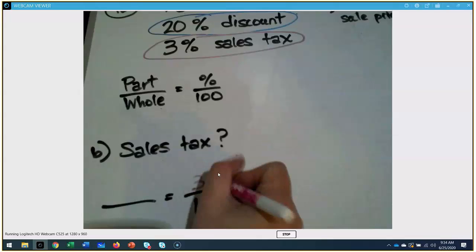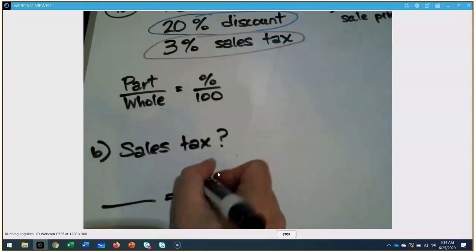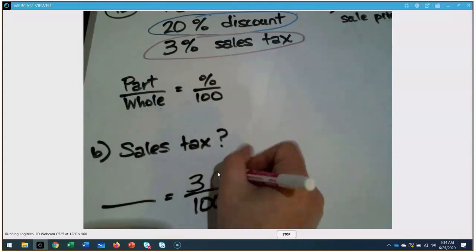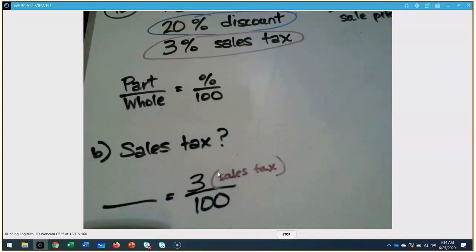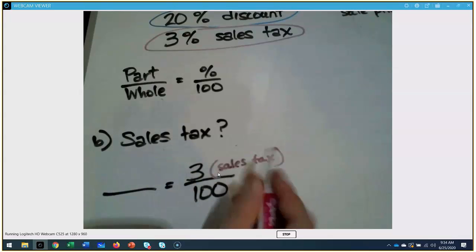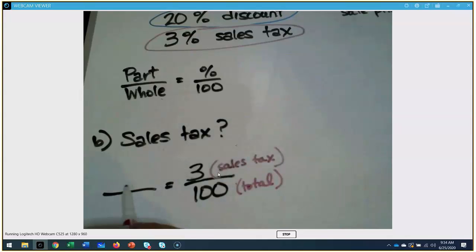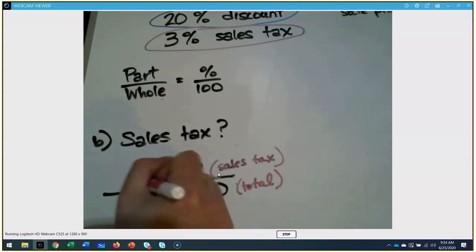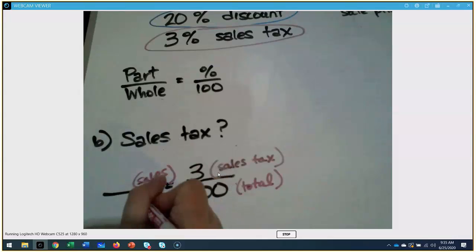So if I plug this in up here, that represents the sales tax rate as a percent, total percent. And then over here, whenever I plug in my part, that will give me my sales tax as an amount of money. And this is going to be my total price.